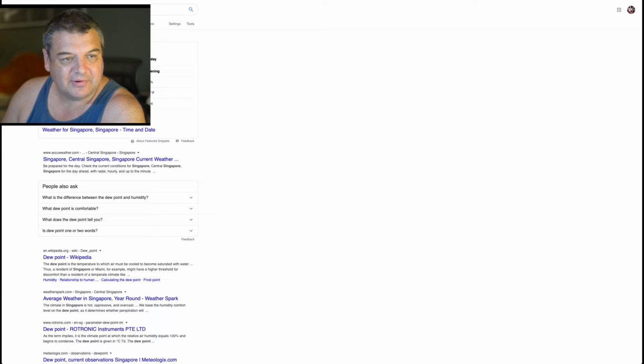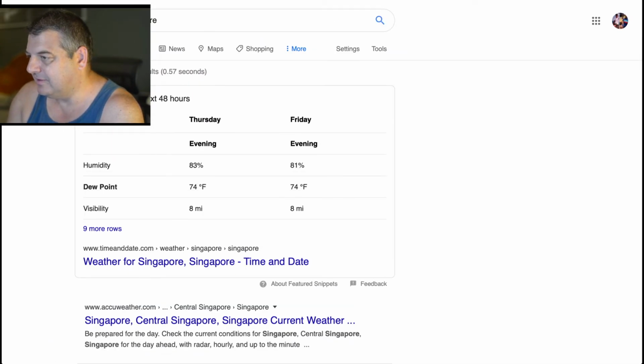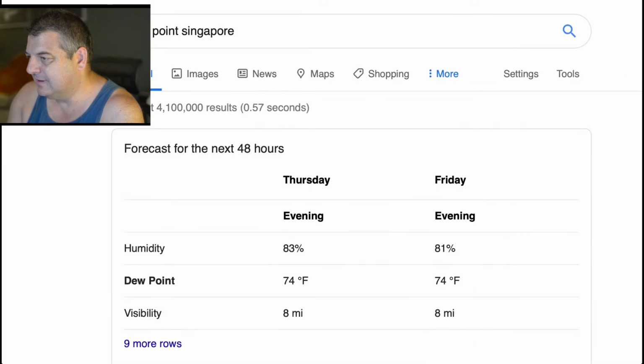Dew point 74 Fahrenheit. Let's zoom this in a bit so you can have a quick look. There you go. Singapore for the next 48 hours. Dew point 74 Fahrenheit. Singapore is a good example, because I don't think I've ever been to Singapore where it's not really muggy and disgusting.